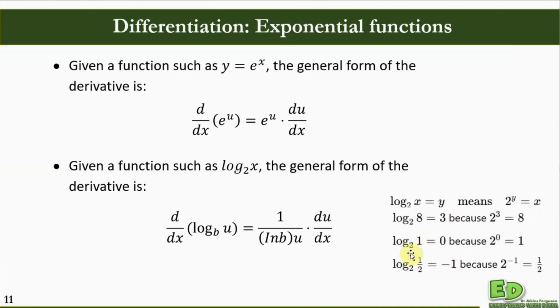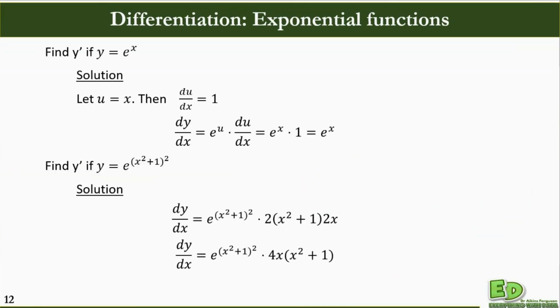Two raised to the power what number is going to give you 1? Remember, 2 raised to the power 0 is equal to 1, because any number raised to the power 0 is 1. Same applies to this last one over here. Now, this is how you deal with the logarithms. All right, let's look at an example under the exponential function. This is what I just explained.